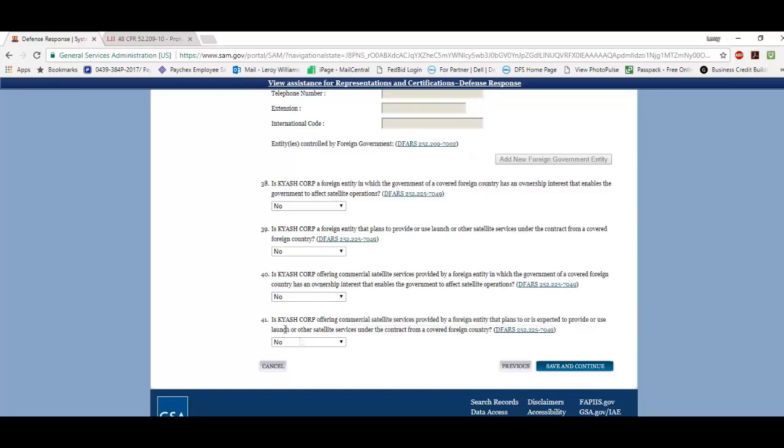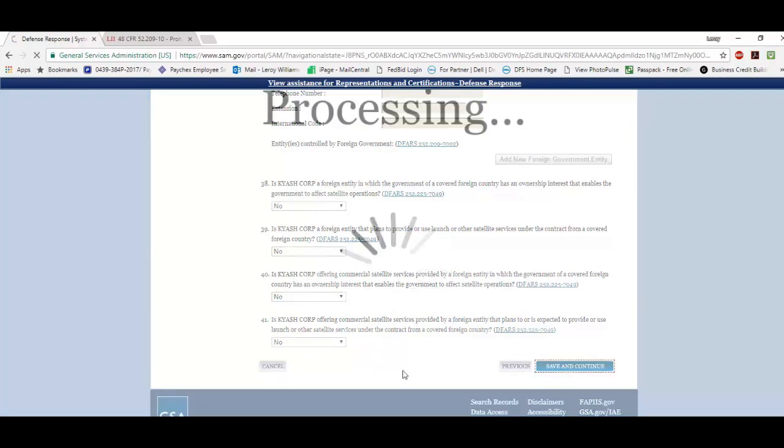That would be no. Number 41, is Irs Corp offering commercial satellite services provided by a foreign entity that plans to or is expected to provide or use, launch, or other satellite services under the contract from a covered foreign entity? No. Told you this was deep, folks. We're going to hit save and continue.